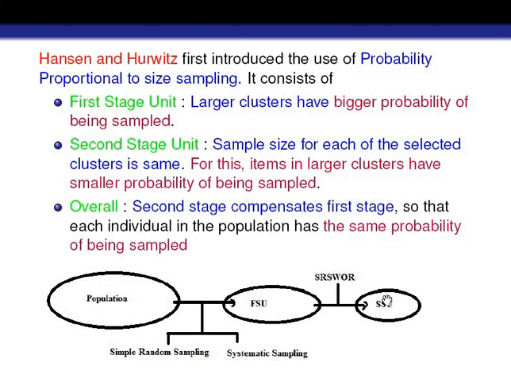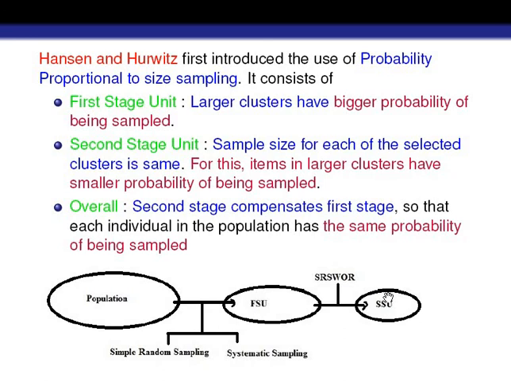We use the same sample size for each selected cluster. That means the sample size for each selected cluster is the same. So why do so? Since we have said that in the first stage unit, all the clusters don't have an equal probability of being selected, but the larger clusters have a bigger probability of being included in the first stage unit.